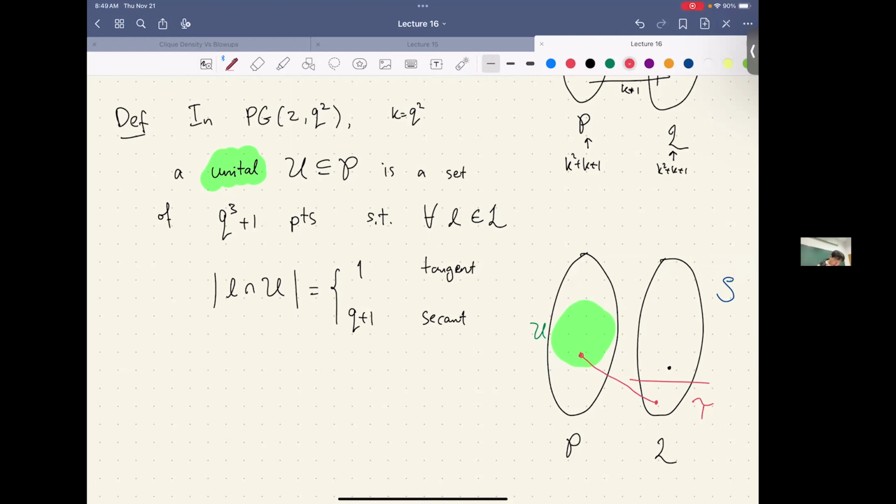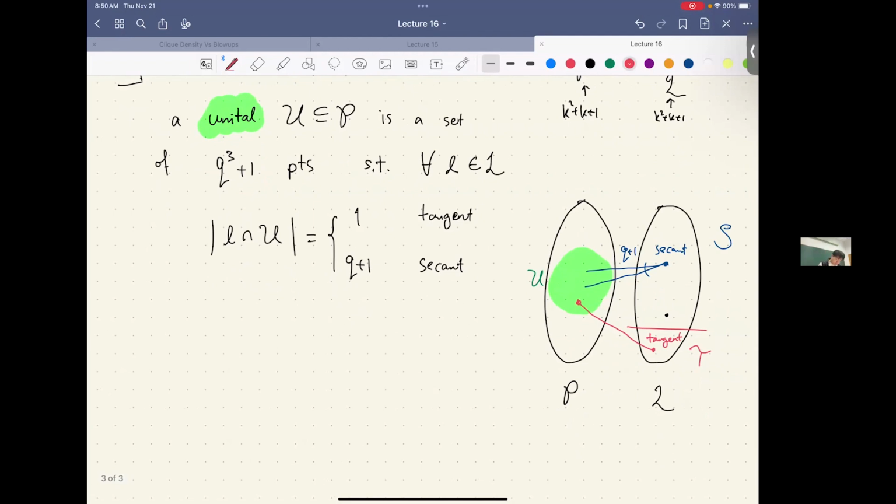And for every point here, which is a secant line, it has q plus 1 points inside the unital. This is tangent. Good.